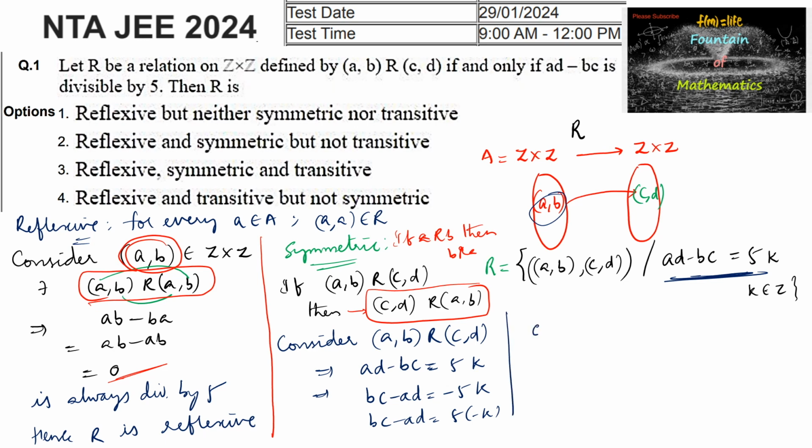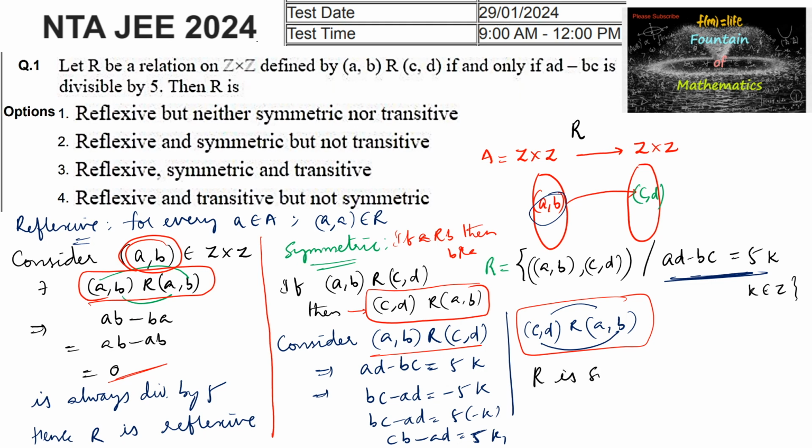So we can also write this as (c,d) is related to (a,b), and hence we can say that the relation R is symmetric.